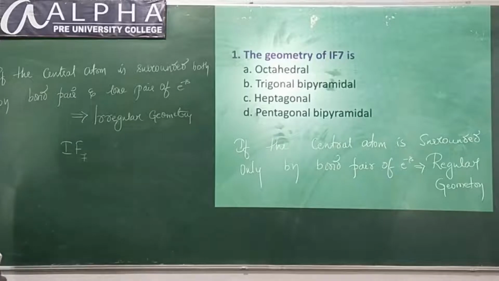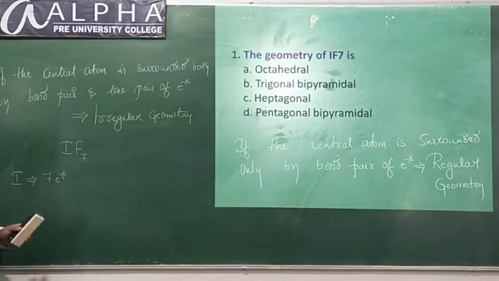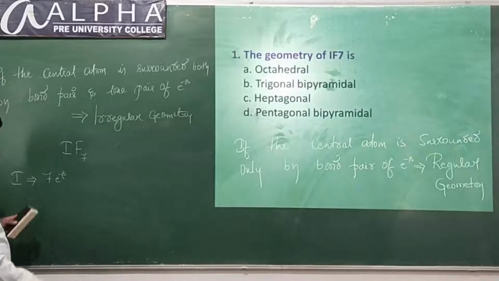For IF7, see, iodine belongs to the halogen family. Halogens are the 17th group. For 17th group elements, the number of valence electrons is 7, isn't it?